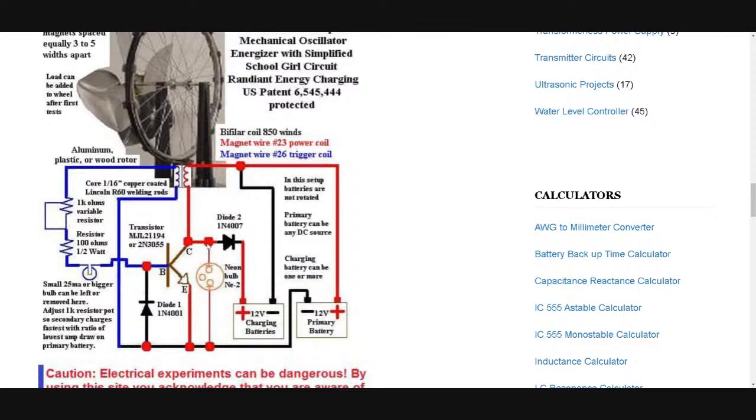The back EMF on this reverse polarity flyback event on the red coil that was charged. This switch opens up and then the flyback happens and it radiates onto this trigger winding on the bifilar, and then it triggers the transistor again.